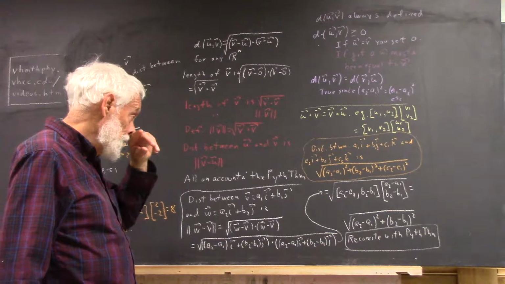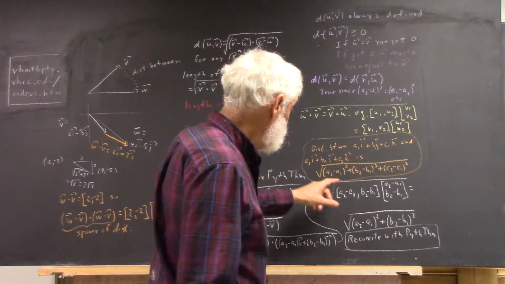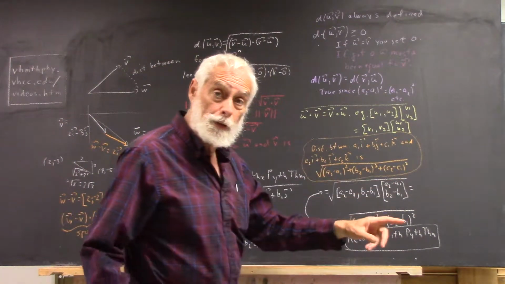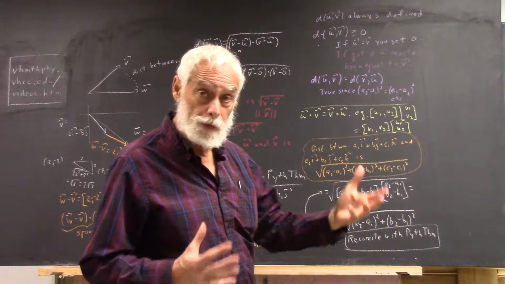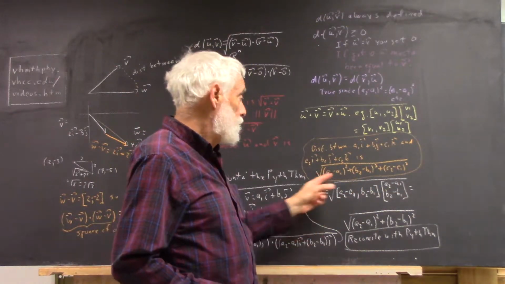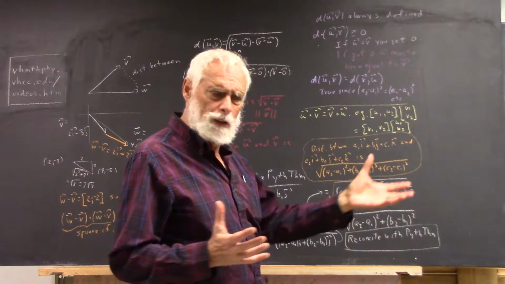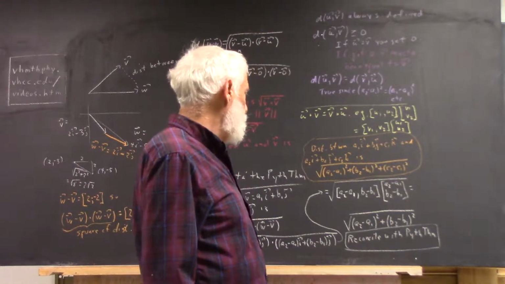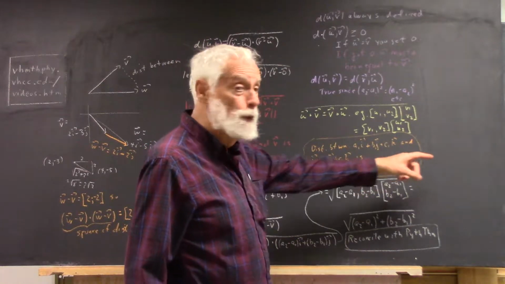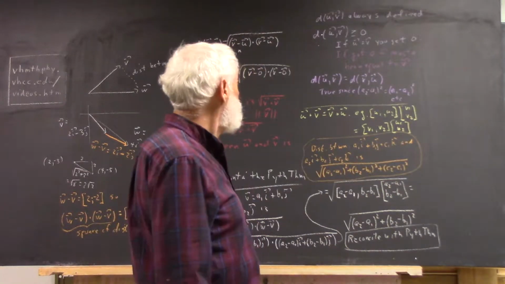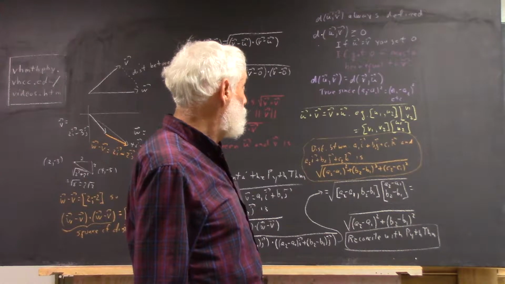And everything works out, and you see that you have this. So this is an extension of the Pythagorean theorem to 3 dimensions. It works just fine. And once you see this, you can understand that it's going to extend to any number of dimensions. You're just going to get a lot of squares under here if you've got a lot of dimensions.